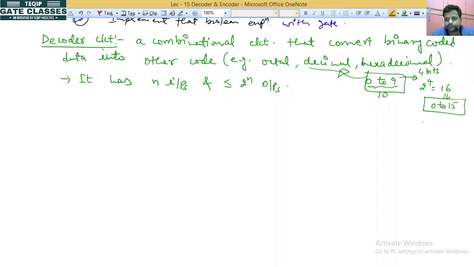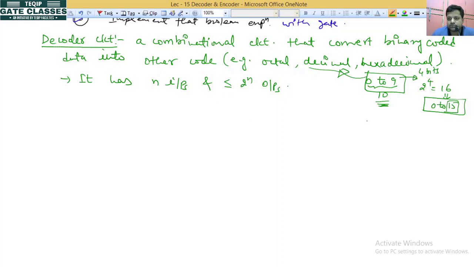But here what do we want at the output? Only 10, but we have combinations up to 15. So that's why sometimes it is less than 2 to the power n outputs, not always equal to it.